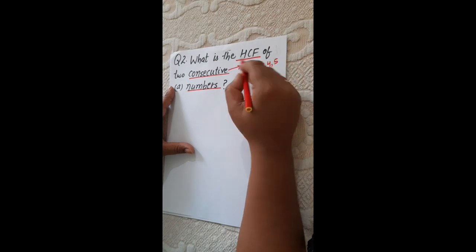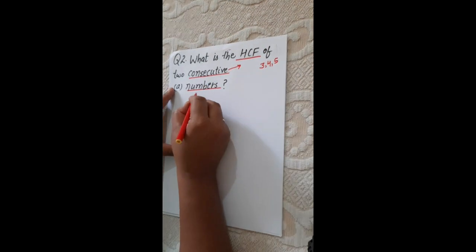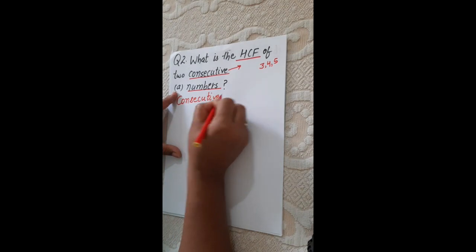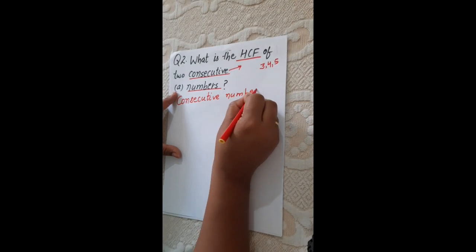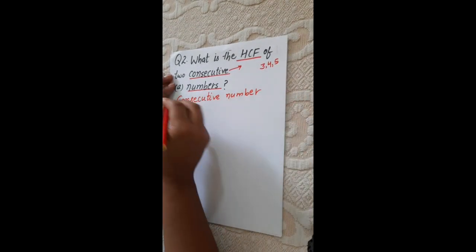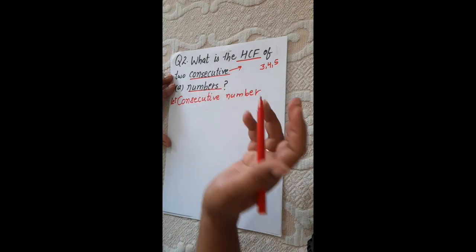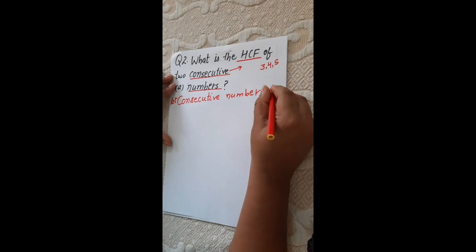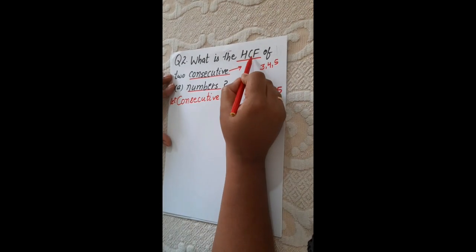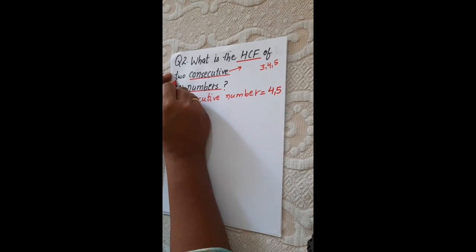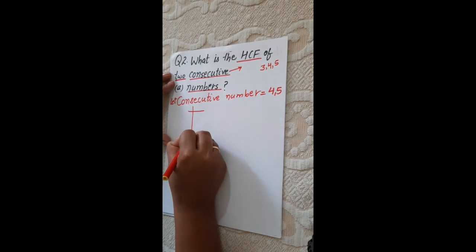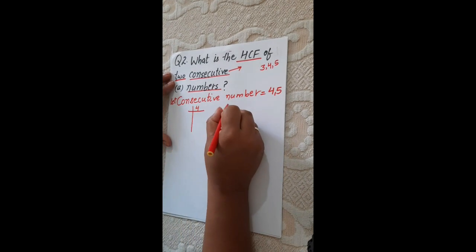So the very next number of any number is the consecutive number. Now here we have, what is the HCF of 2 consecutive numbers? You can take any number, it's up to you. So let the consecutive numbers be 4 and 5. For HCF, find the prime factorization of 4.